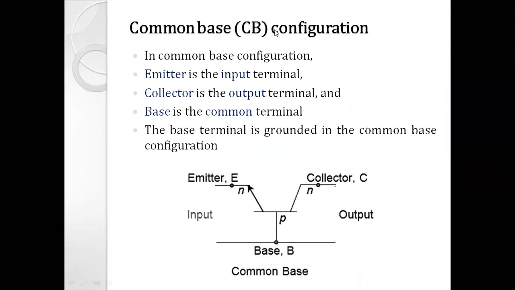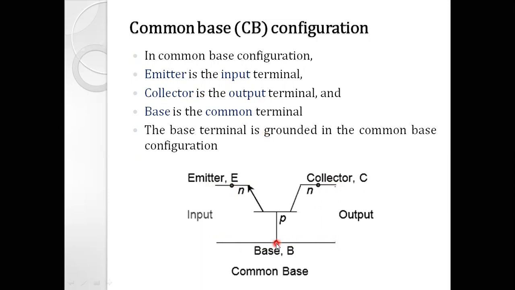So which terminal is made common between input and output? Based on that, we have three configurations. If emitter is the input terminal and collector is the output terminal, so here in the diagram you can see that emitter is the input, collector is the output. So the remaining base terminal is made common between input and output.